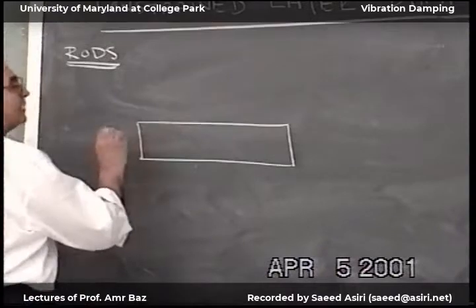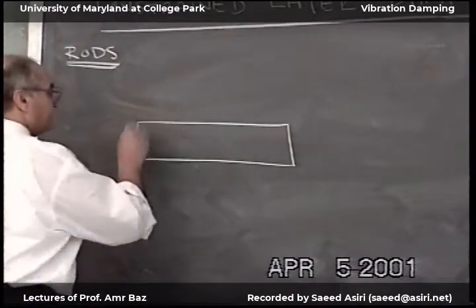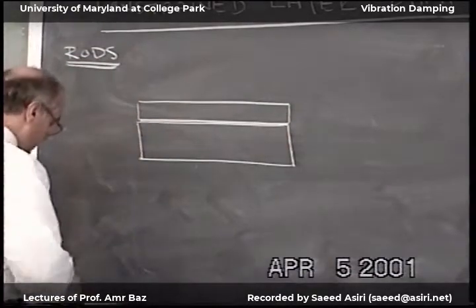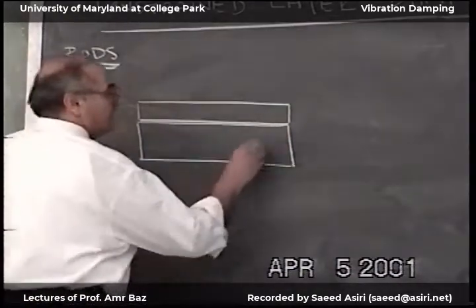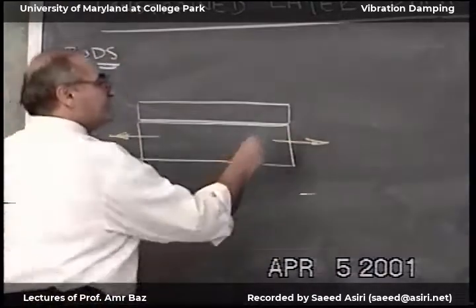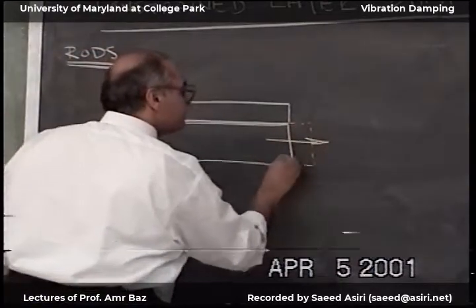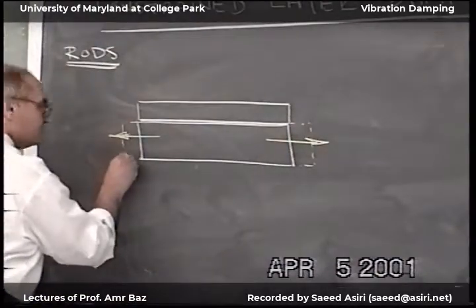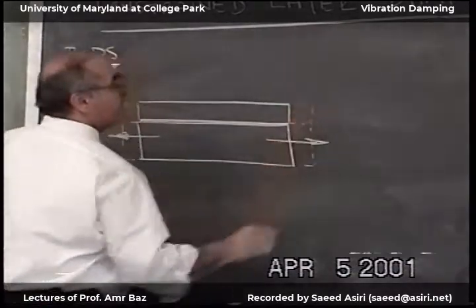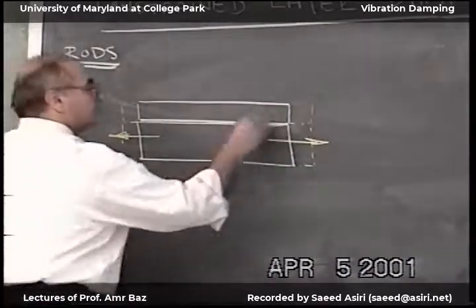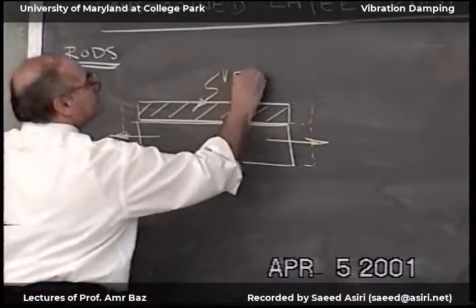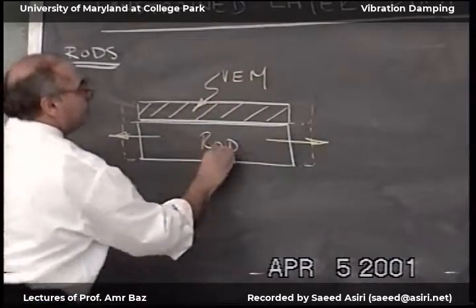And for example, if I take a rod like this and then put viscoelastic material on it, and then stretch this rod, then the viscoelastic material will move along with the rod. If the rod becomes like this, the viscoelastic will follow it. And this is viscoelastic material, and here is rod.